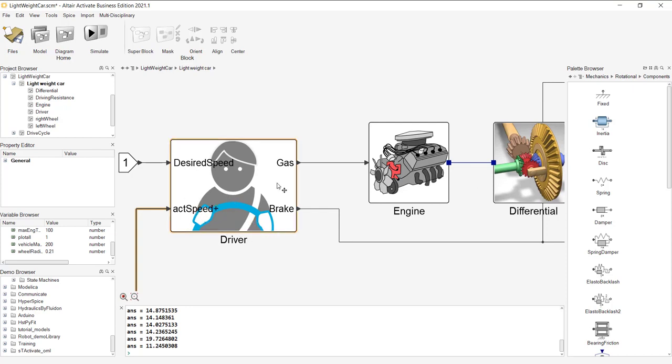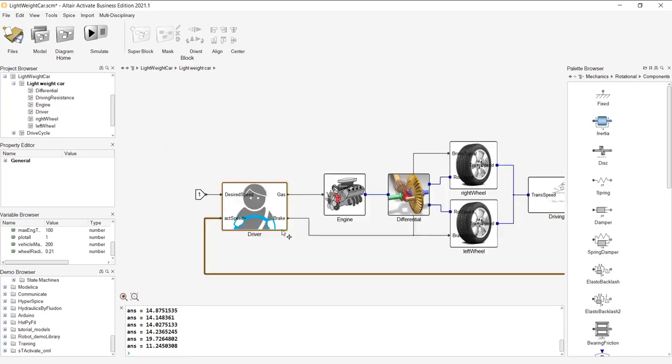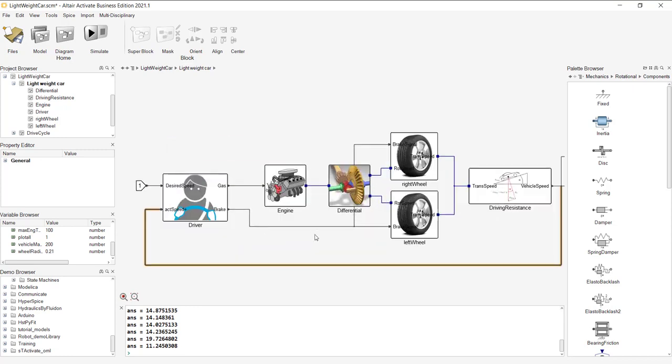And so the driver, that simple control system in the driver, is taking into account our actual speed and trying to match it to our desired speed. So we've used this model of a simple vehicle in order to measure the energy consumption during a drive cycle.